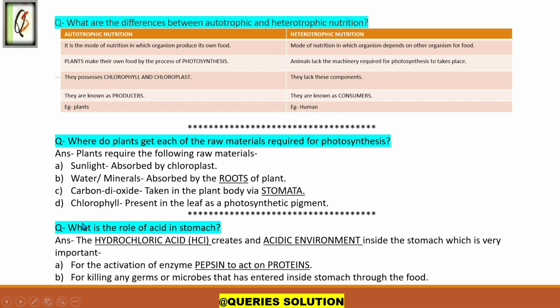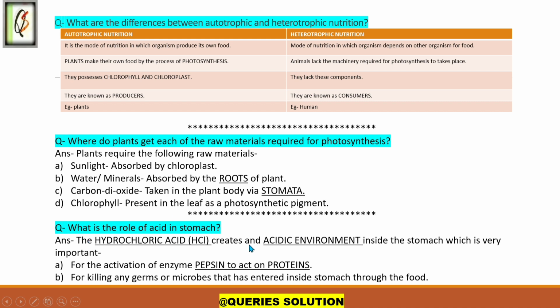The plant already contains this photosynthetically active pigment, and with all these raw materials the plant produces its own glucose, also generates oxygen, and also liberates water molecules. That's what the photosynthesis process is all about. Okay. So these were all the questions, children, with regard to the concept of nutrition.